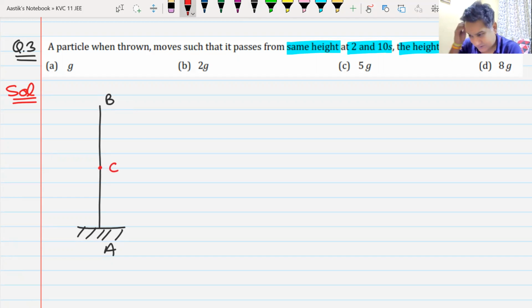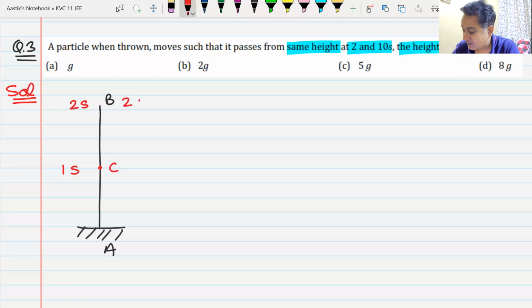Let us assume that it takes 2 seconds to go up. I'm just taking the assumption of one body which takes 2 seconds to go up. So at 1 second, it would be somewhere here, not exactly middle. And at 2 seconds, it would be here. Then it will start its downward journey, right?